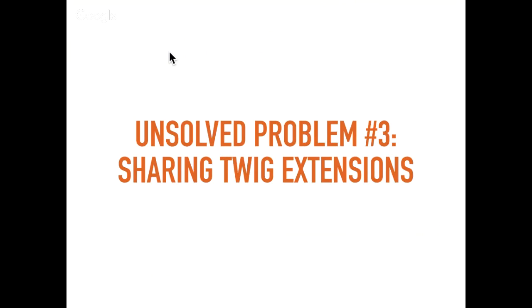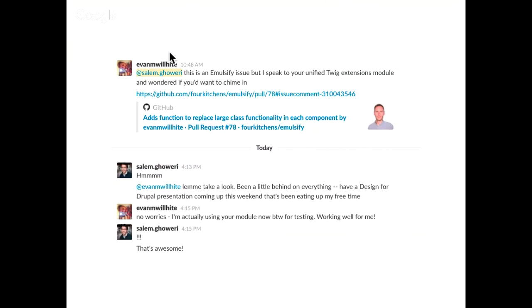I'll skip over the brief chat I had with some of the Four Kitchens guys, but basically up till now, the problem we've been running into internally has been that we can supercharge Pattern Lab to use a shorthand grid system. You don't have to know what classes to use. It just uses a custom little grid tag and cell tag to make your grid system just work.